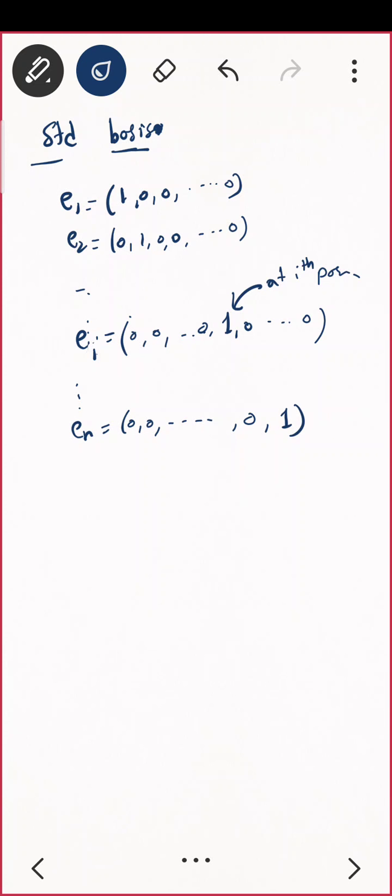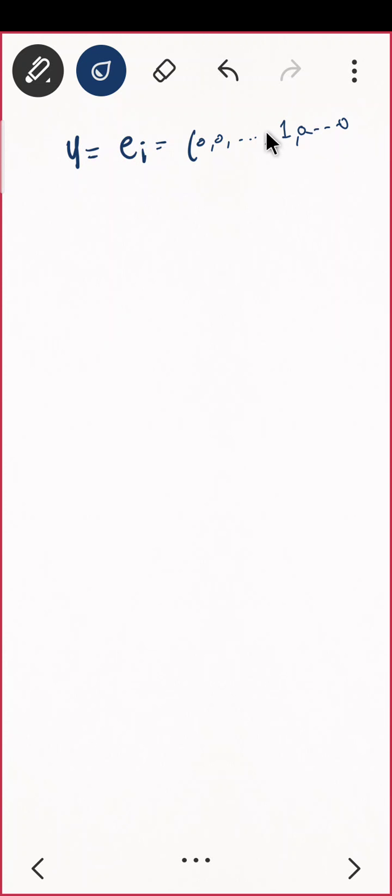Now if I find directional derivative at this, it actually removes everything. See, if I want to find directional derivative, u is my direction, and the standard basis we called ei. Suppose I am taking this as my direction. That means what? 0 0, and it will be 1 at ith position, and others will be 0.